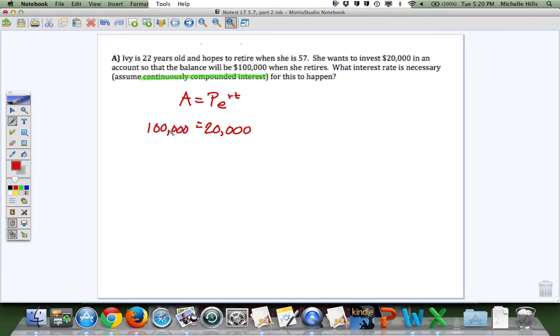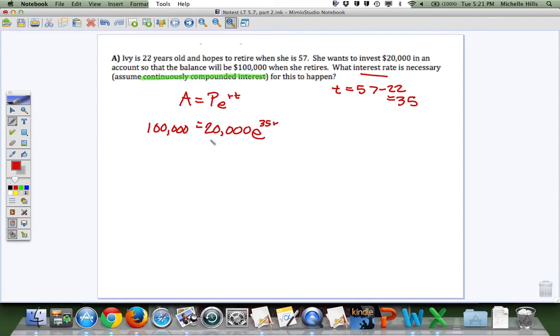They want me to find the interest rate. Well, if she's 22 and she wants to retire at 57, then 57 minus 22 gives her 35 years to do this. Now, it's not that you can retire on $100,000. This is just supplementing something. So this is going to be e to the 35 times R power.